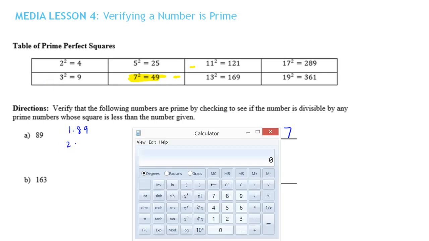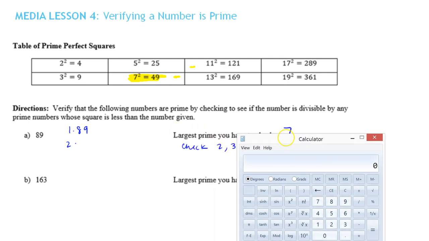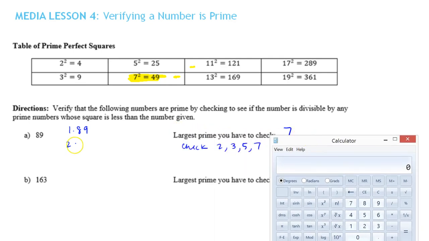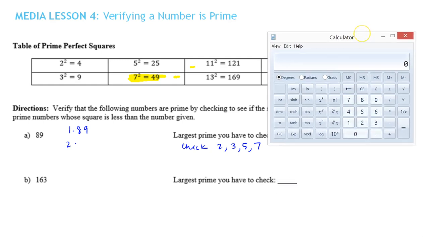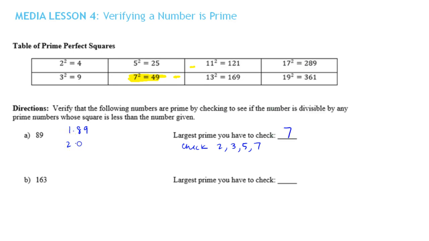I'm going to get the calculator out. 2 is not even, so a number is only divisible by 2 if it ends in 0, 2, 4, 6, 8. But we will divide anyway, and I see that there is a remainder. Remember, that's a decimal, so the remainder isn't 5. The remainder is actually 1. Now I know it's not divisible by 2, so I can cross that out.